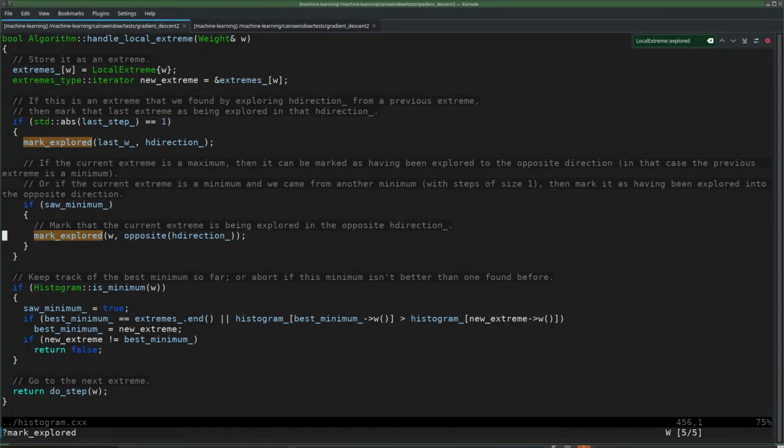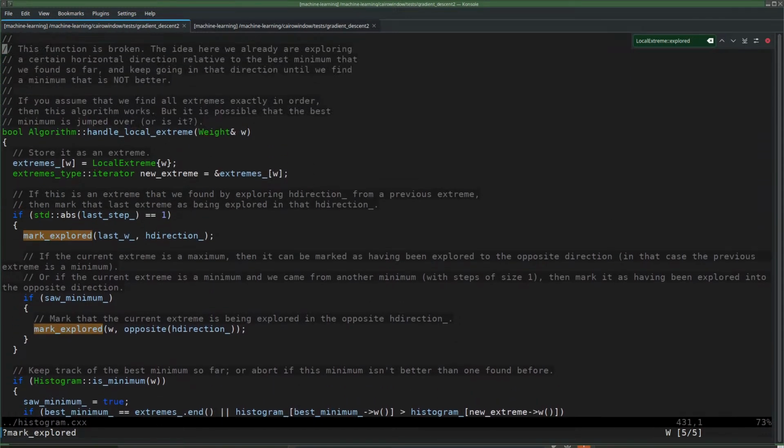Okay, so these are then the two. So if we enter handle local extreme and it is an adjacent local extreme, then mark the previous one as explored. Well, this really doesn't care if it is a maximum or a minimum. So yeah, seems correct then.